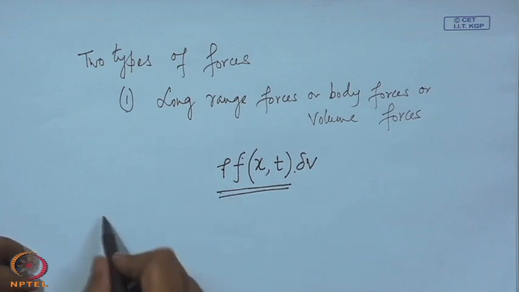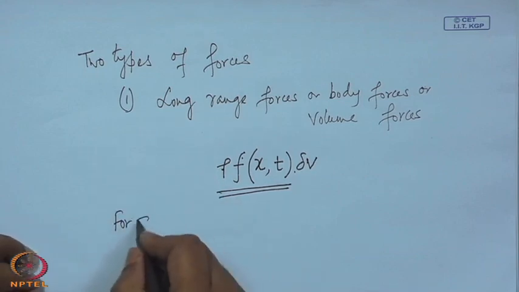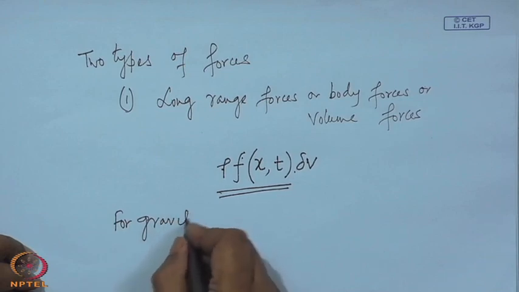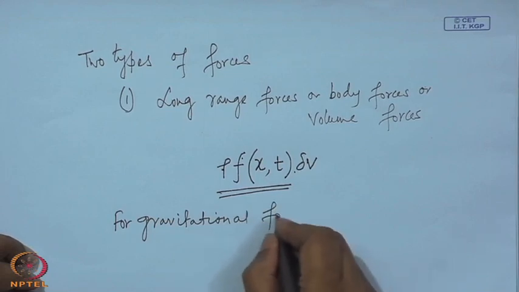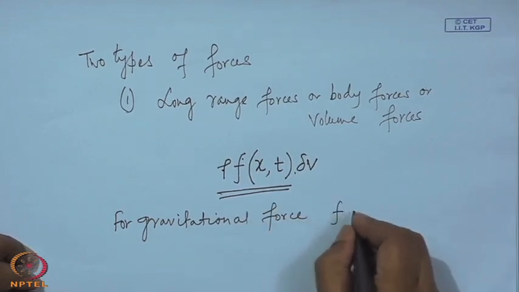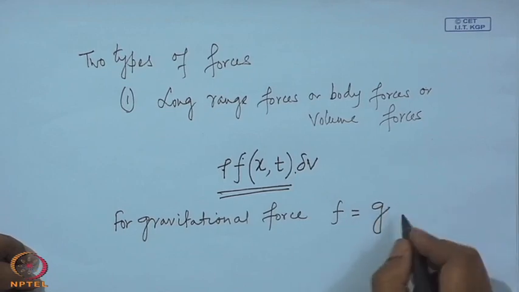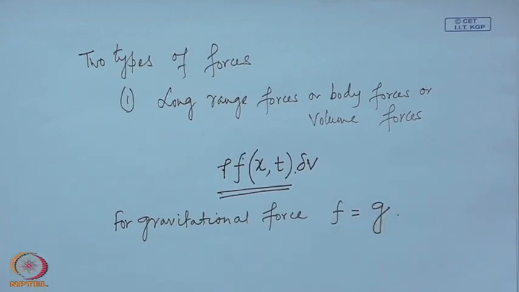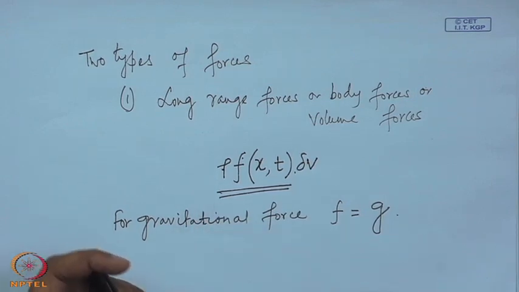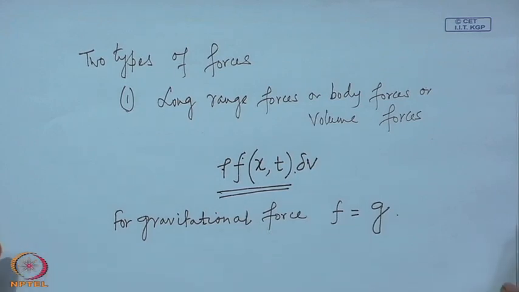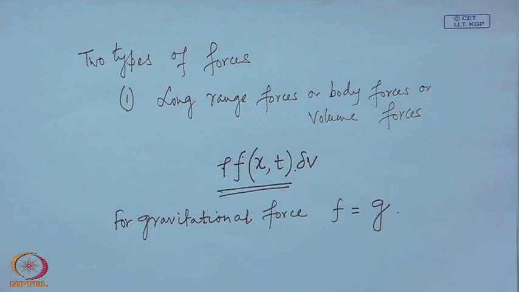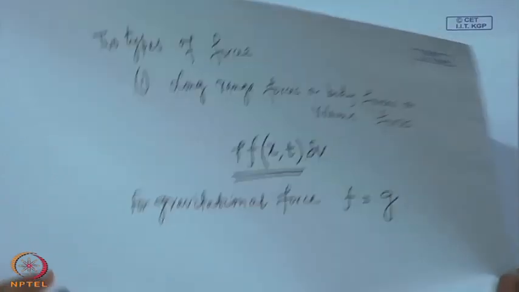For gravitational force, F is g, where g is the gravitational acceleration. The other force is the short range force or surface force.